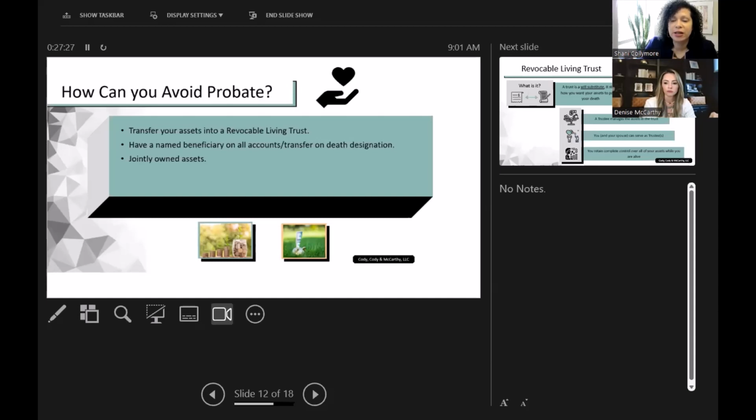So if you do have a will and you have a life insurance policy or IRAs, those types of assets typically have beneficiaries named. So you're going to have a beneficiary designation that says who you want to get your property. When you do your will, you're also going to say who you want to get your property. Your will does not govern who's going to get your life insurance or your IRA.